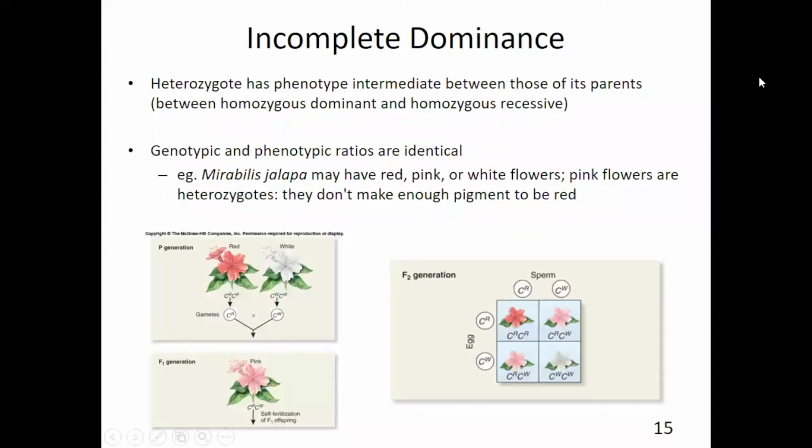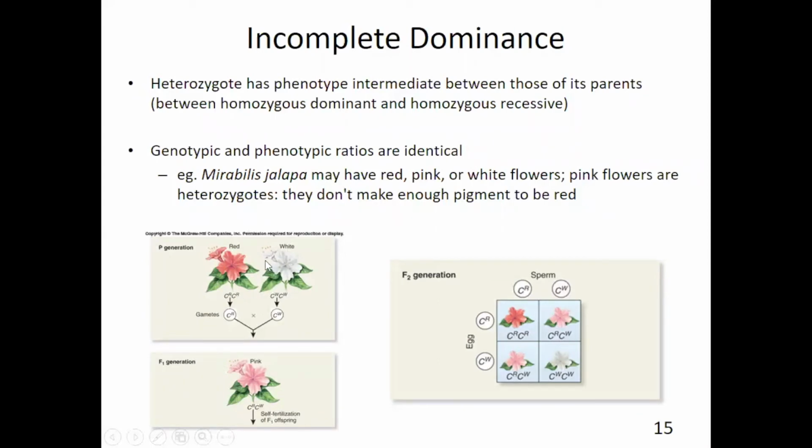Another example of non-Mendelian inheritance is incomplete dominance. In incomplete dominance, the heterozygote individual displays a phenotype in between the homozygous dominant phenotype and the homozygous recessive phenotype. For example, in this flower, the dominant phenotype is red. The recessive phenotype is white.